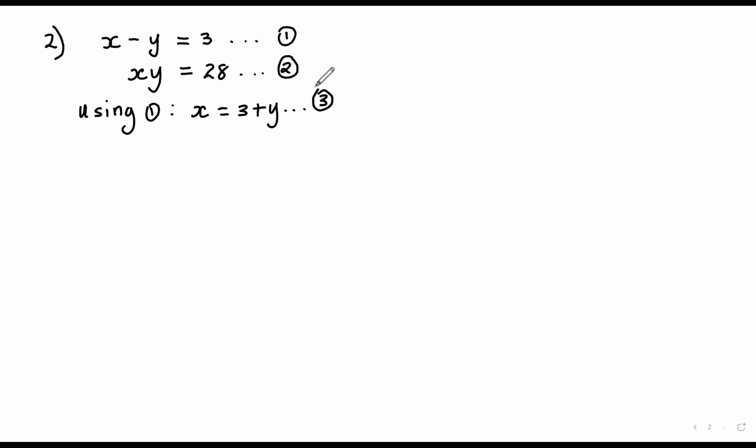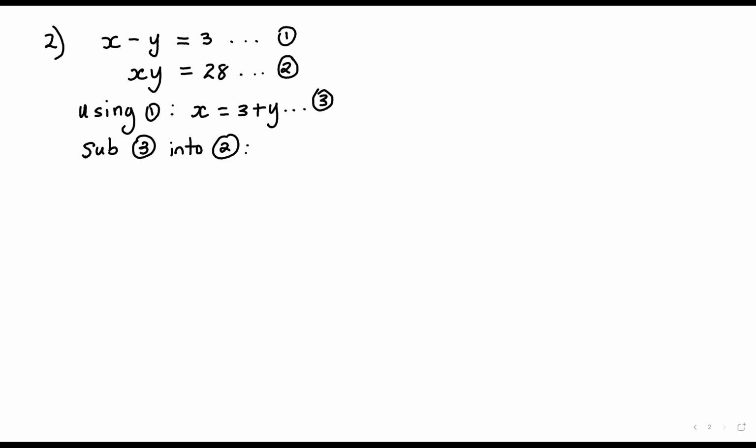All right. Now that I know what x is equal to, what I'm going to do is substitute that into equation 2. So substitute equation 3 into equation 2. These annotations are very important. They make up part of your solution, so do not leave them out, okay? So substituting 3 into 2 means that wherever I have x in that equation 2, I'm going to replace it with 3 plus y.